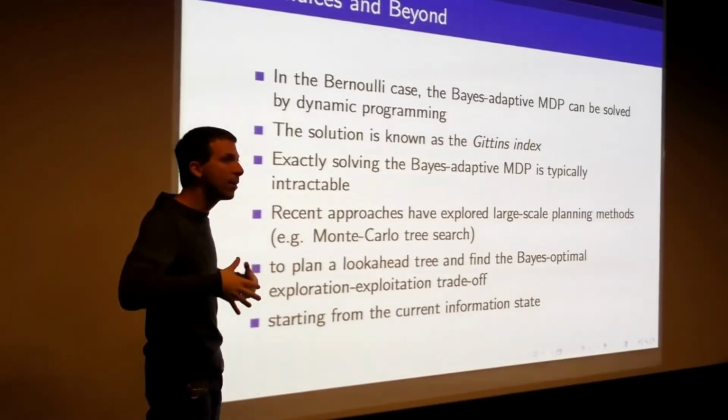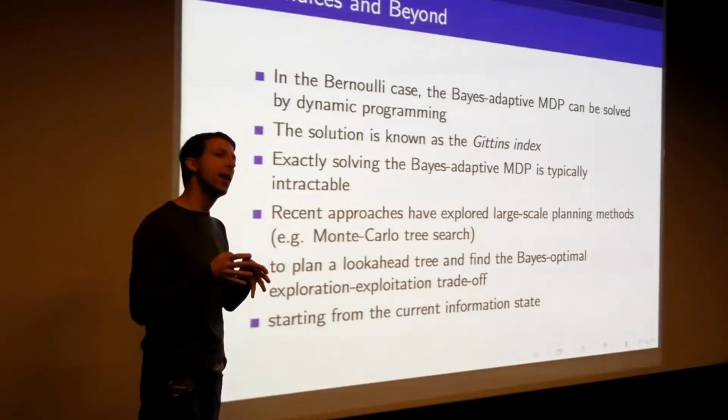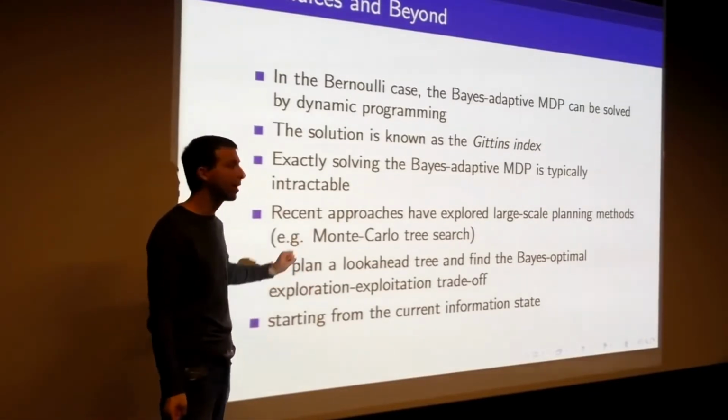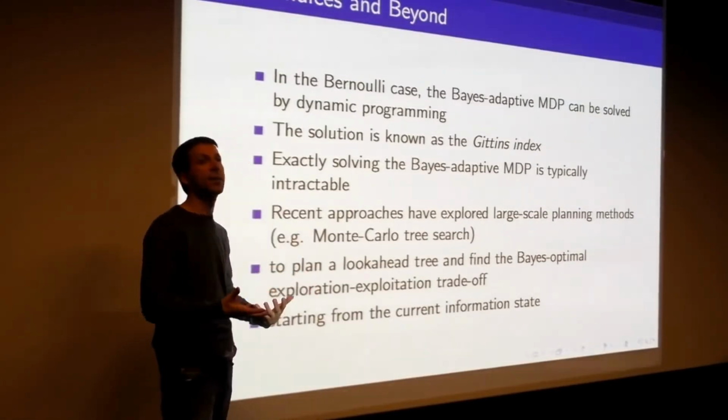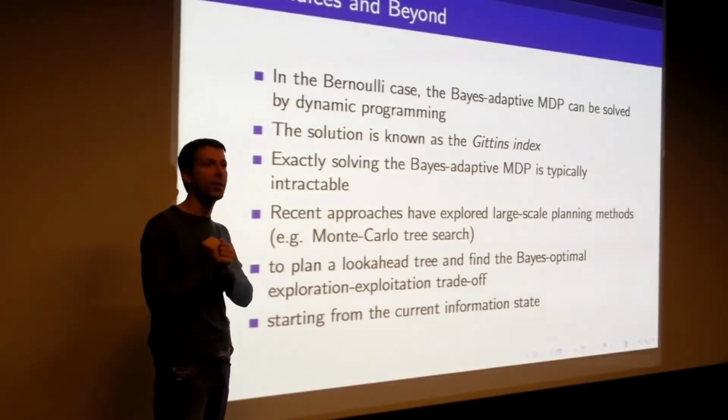So even though it might look like we've blown up our state space to something enormous, we can use planning methods that are very effective in large state spaces, like Monte Carlo tree search, to still find approximately a very good solution, and so approximate the best possible trade-off to the exploration-exploitation dilemma.